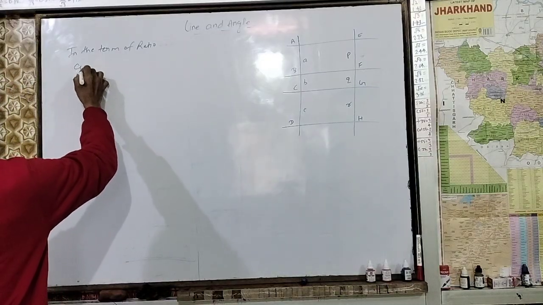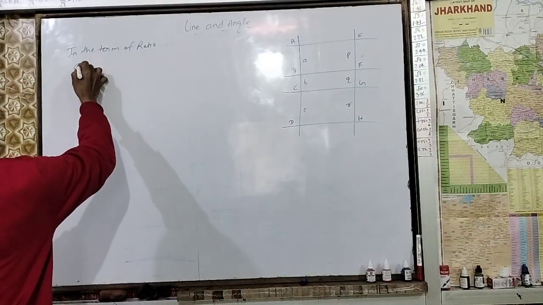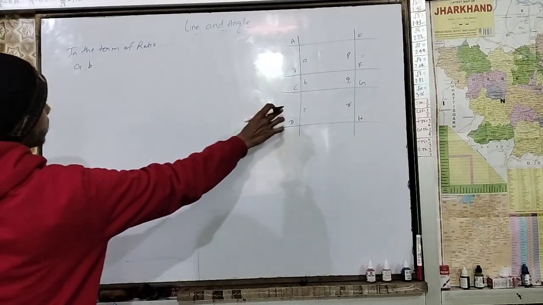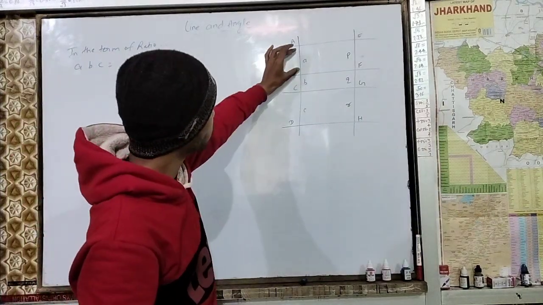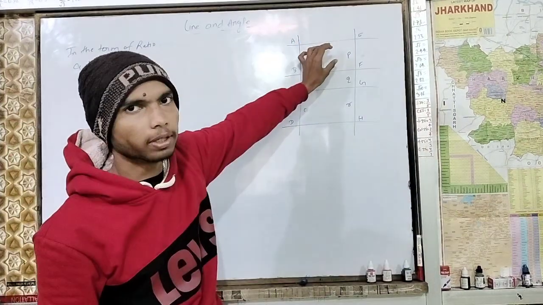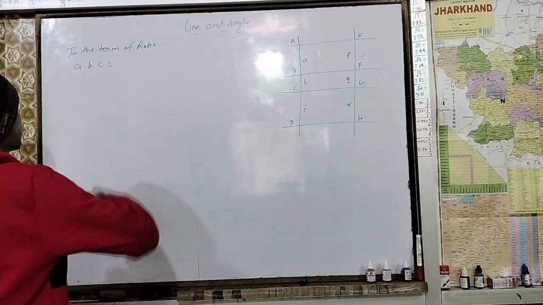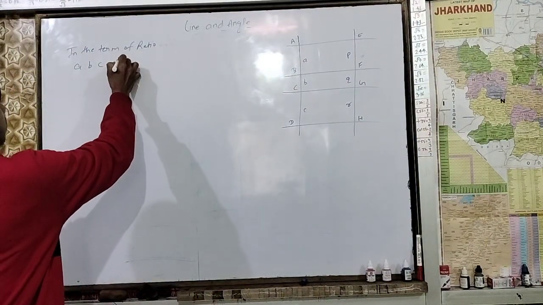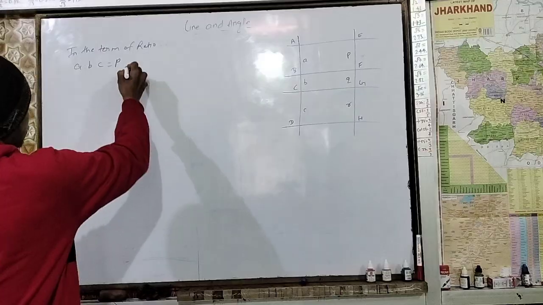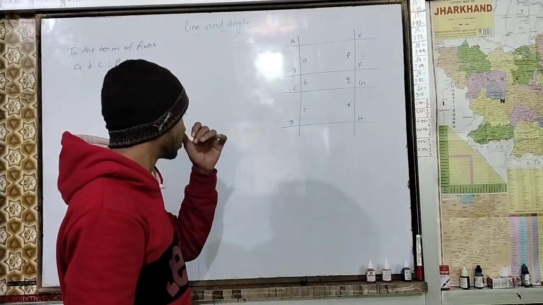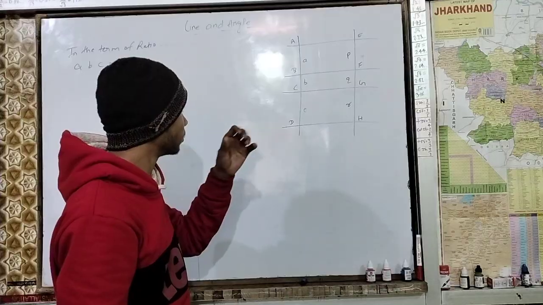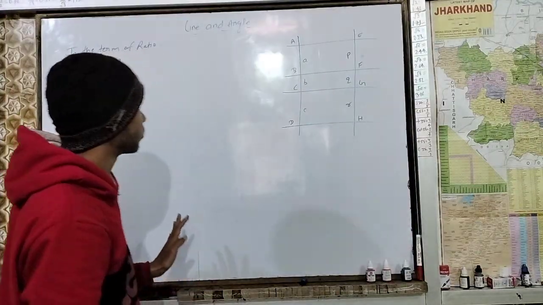A ratio A is to B is to C will be equal to, here the length of A is equal to the length of B. That's why you can say A is equal to P, and whatever is the value of B will be equal to Q. Both are parallel.